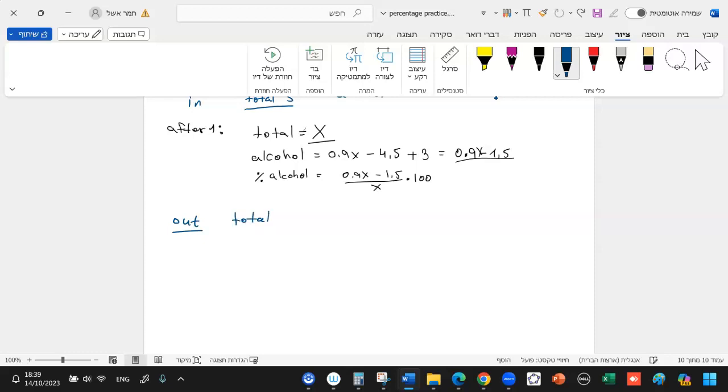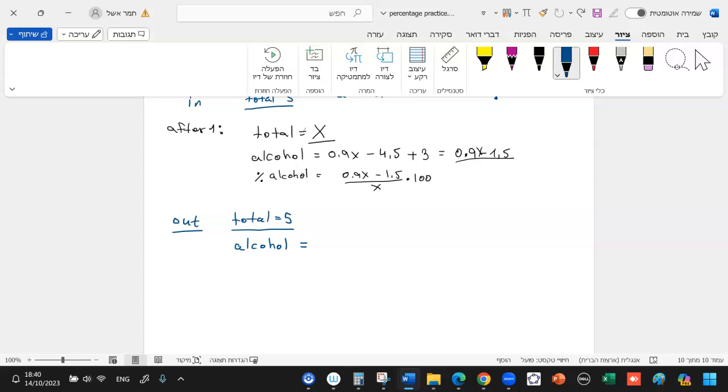A total of 5 liters. And the amount of alcohol that was taken out is this concentration times 5.